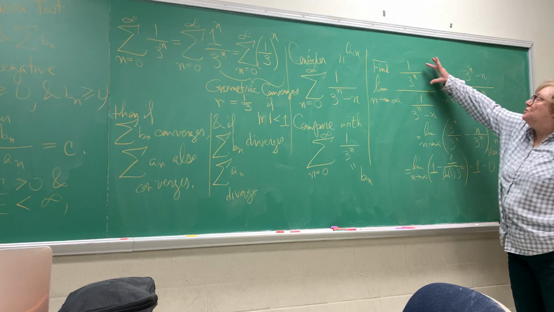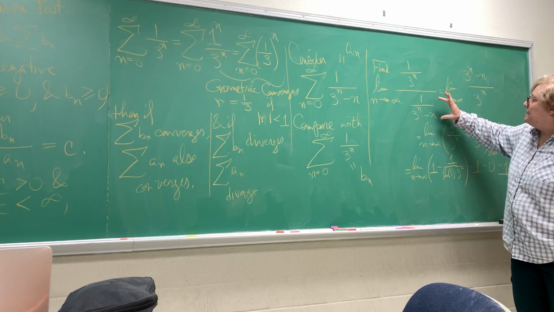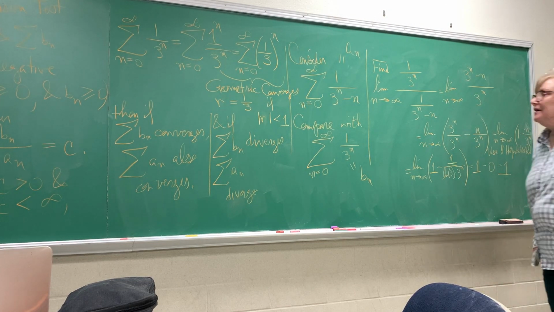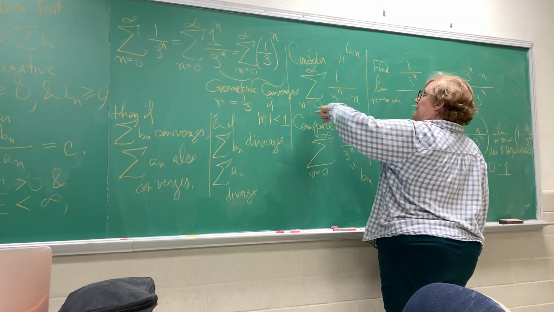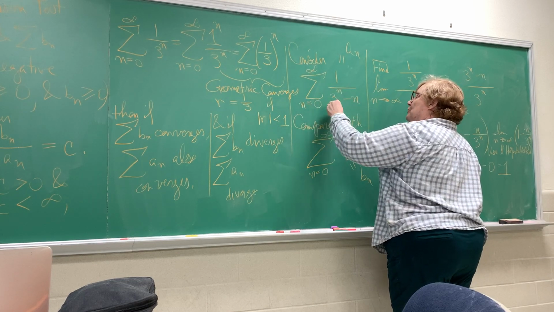So the series in the numerator converged. And what does that say about the series in the denominator? It also converges, good. So we know that this series, 1 over 3 to the n minus n, as n goes from 0 to infinity, converges.